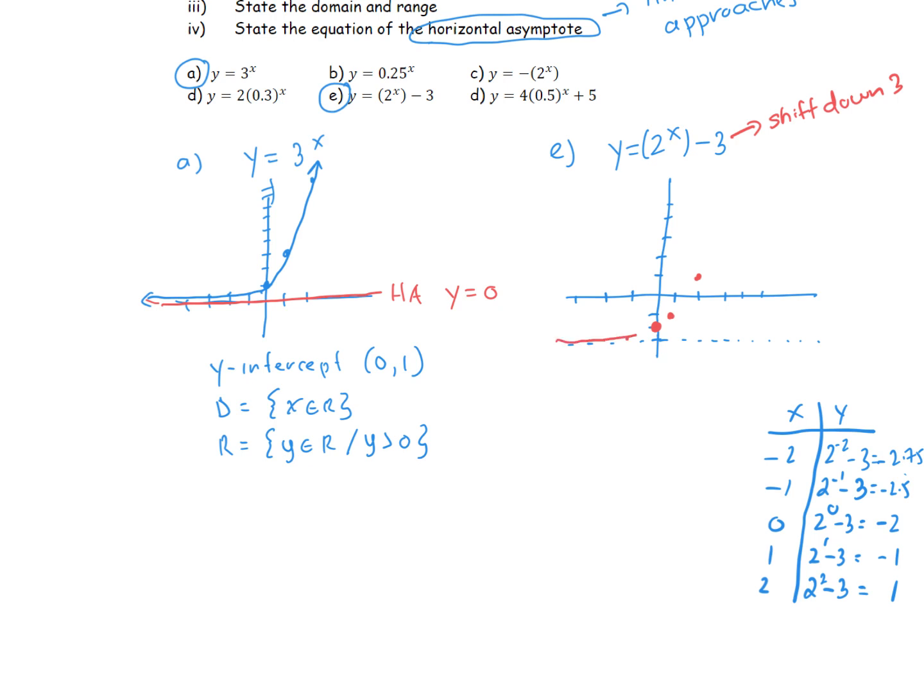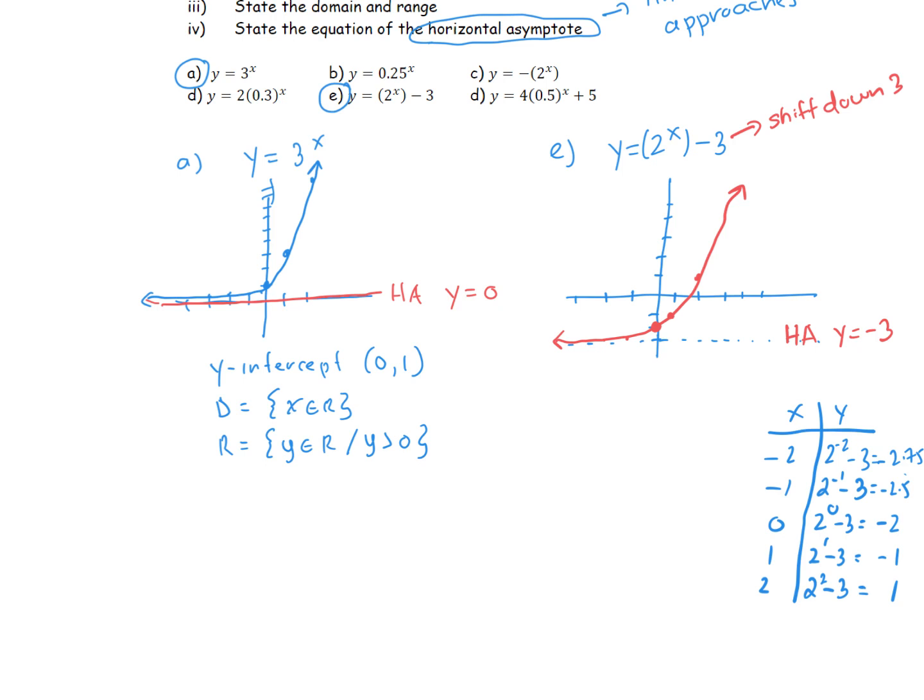So you'll notice that now the graph approaches y equals negative 3 instead of 0. So the horizontal asymptote is y equals negative 3, because by subtracting 3 after we do the exponential function, it shifts the whole graph down 3.